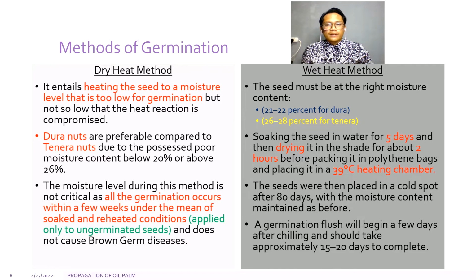The wet heat method is done by soaking the seed in water for 5 days and then drying it in the shade for about 2 hours before packing it in polyethylene bags and placing it at 39 degrees Celsius inside a heating chamber. The seeds are then placed in a cold spot after 80 days and the moisture content maintained as before. The germination flush will begin after chilling and should take approximately 15 days to complete.